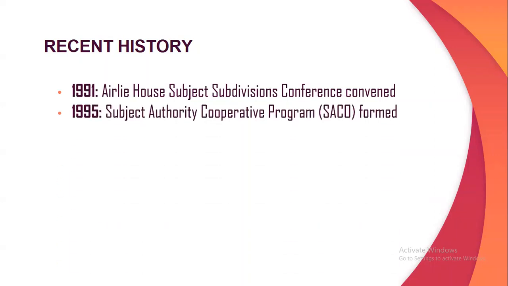And in 1995, the Subject Authority Cooperative Program, or the SACO, was formed. SACO is a component of the Program for Cooperative Cataloging, or the PCC. Today, catalogers at more than 100 libraries worldwide submit proposals through SACO.